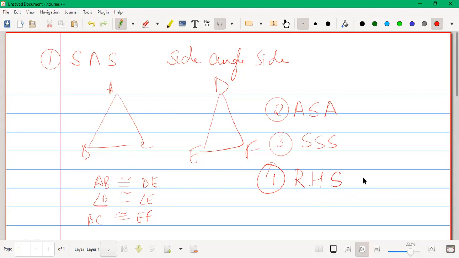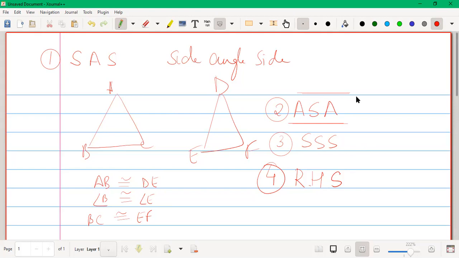Now, is there any doubt at all? Yes, Ishan? Teacher, we have something like angle side. Yes. Angle side is the same. Absolutely same. Like in that, two angles, the same side is not included. So which side is included then?